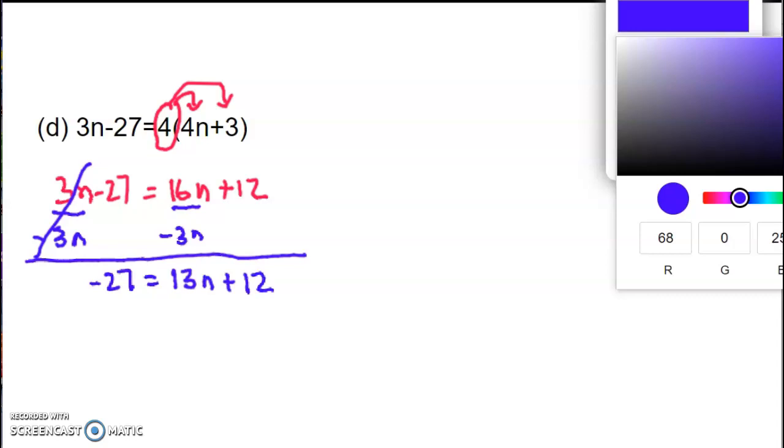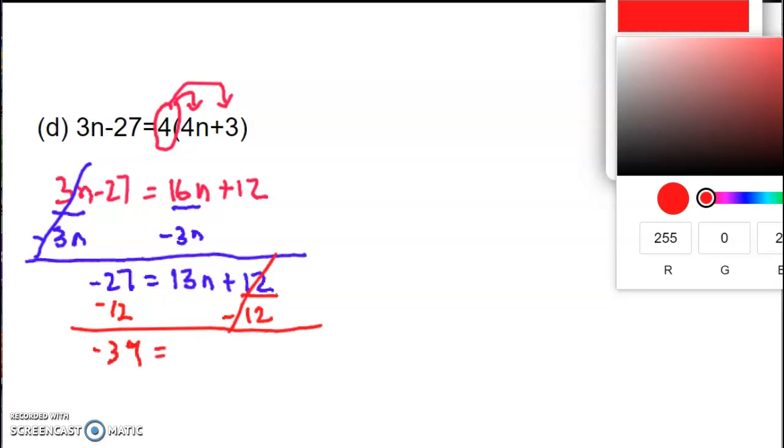Okay, and then from here, what do you have? You have n being multiplied by 13 and then added to 12. So we need to get rid of this plus 12. So we subtract 12 from both sides. And this goes away to 0, and that becomes negative 39 is equal to 13n.